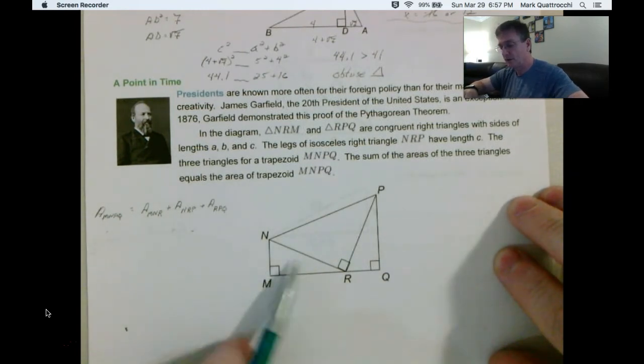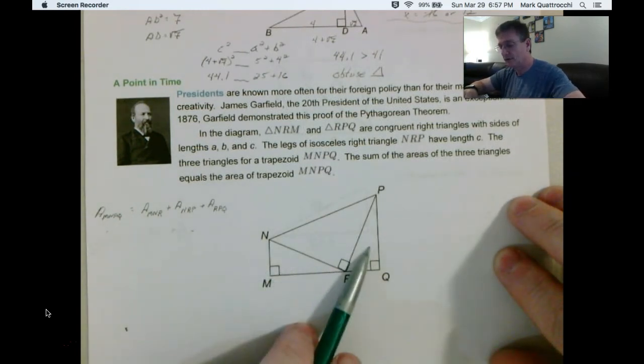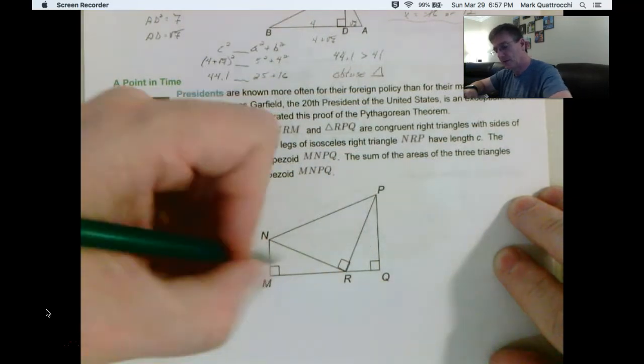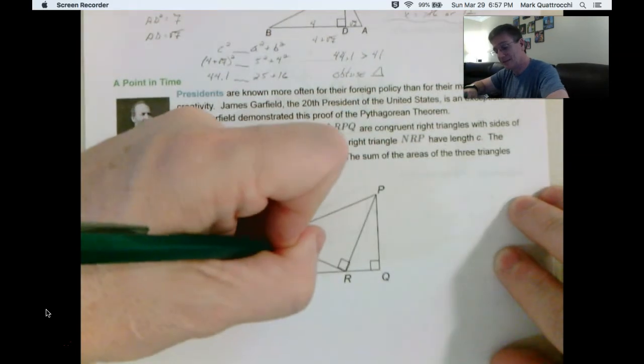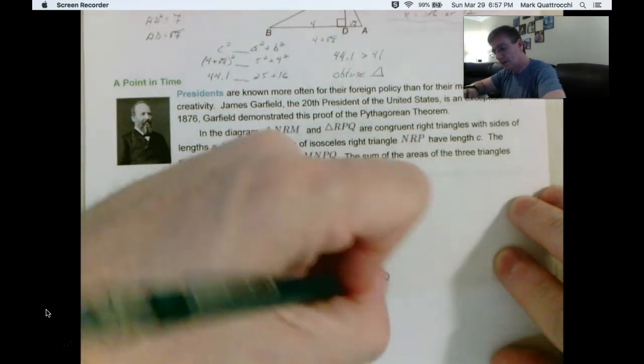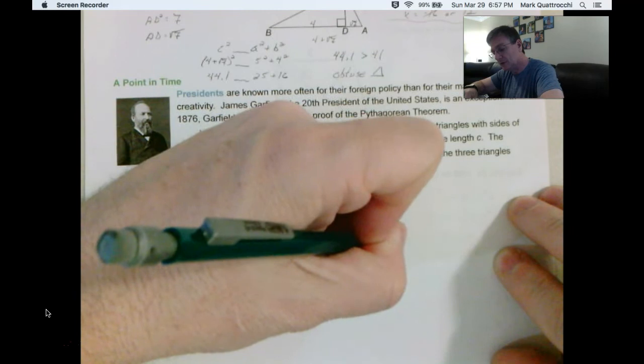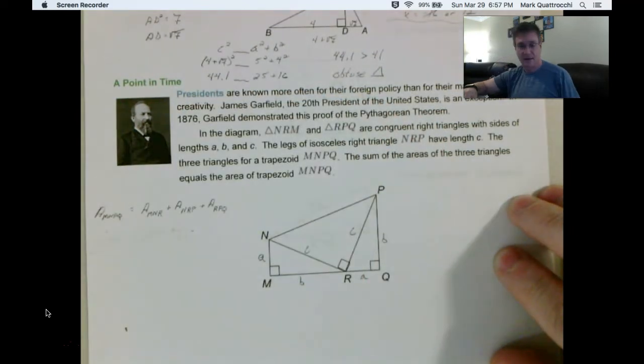All of this triangle here is congruent to this triangle here. This is A, this is B, and this is C. This is A, this is B, this is C again.